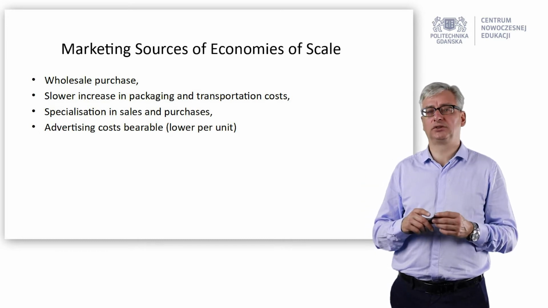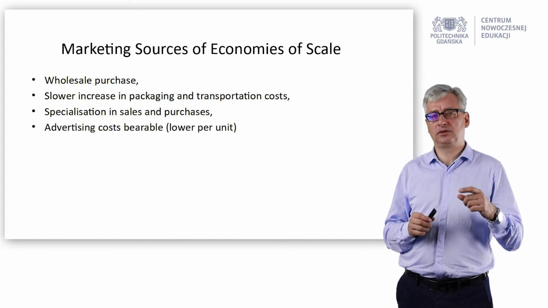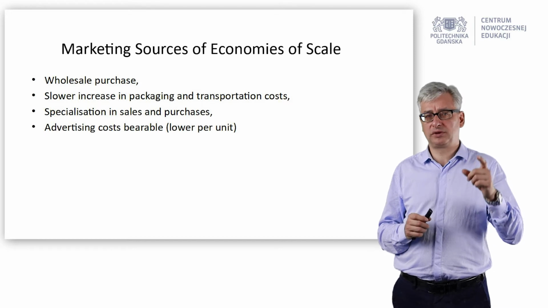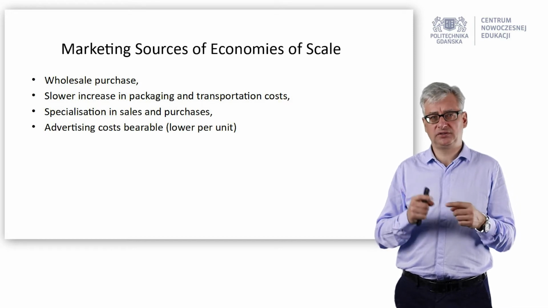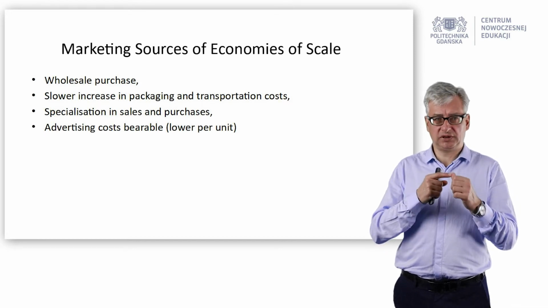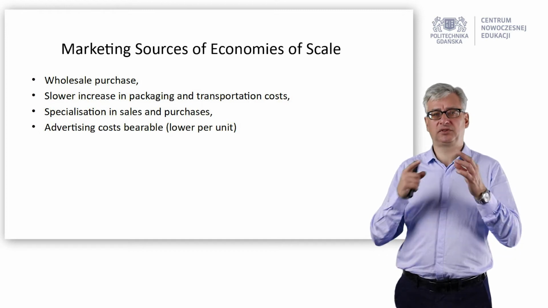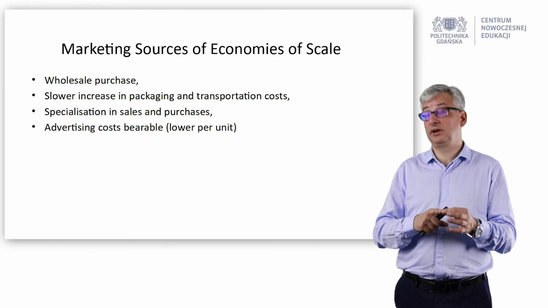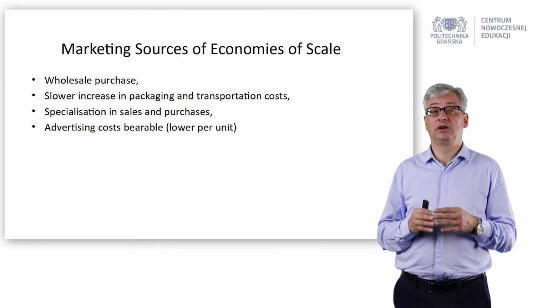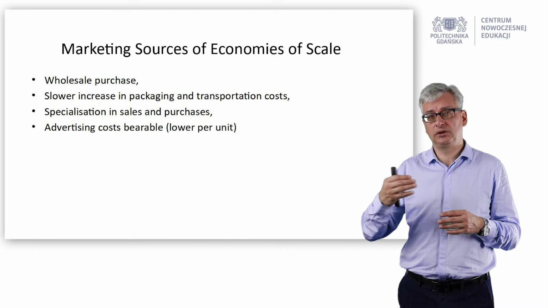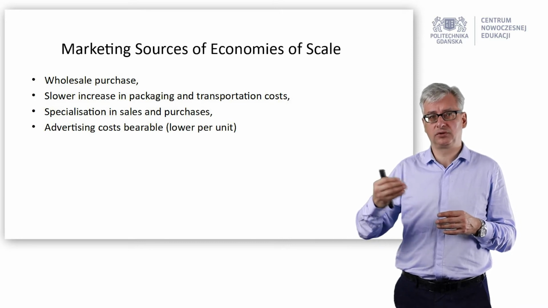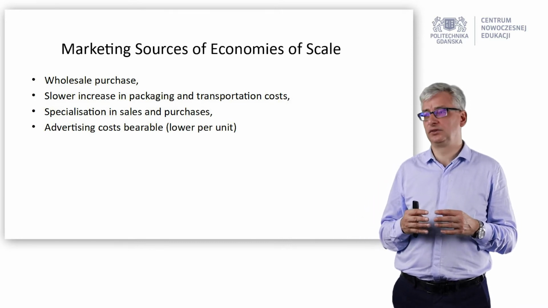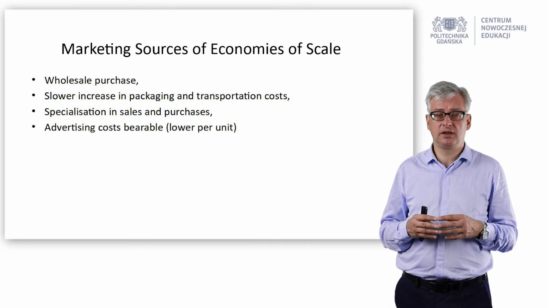The third factor is actually based on something that we already mentioned: specialization and labor division. Specialization in sales, specialization in purchase activities, right? Those two specializations would play an important role for marketing sources of economies of scale.